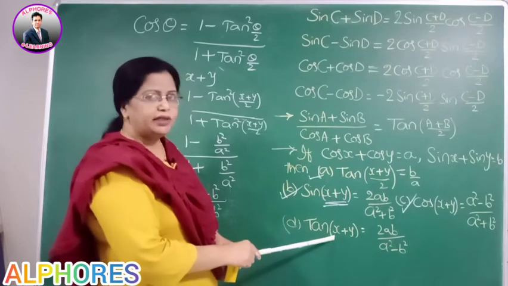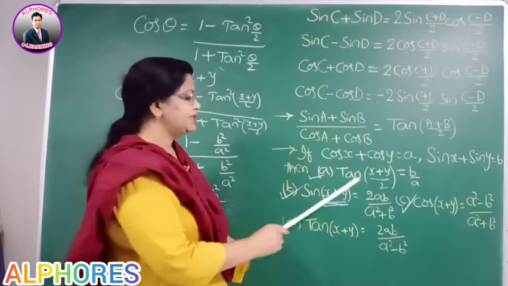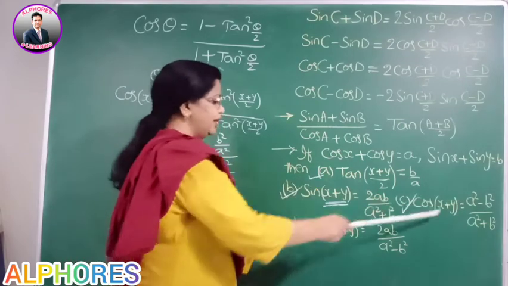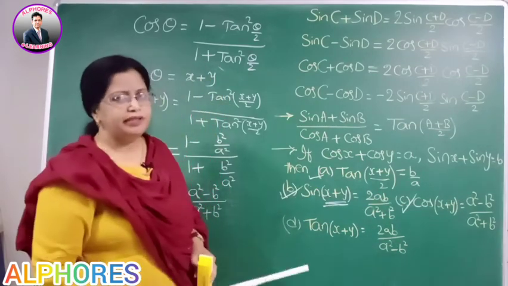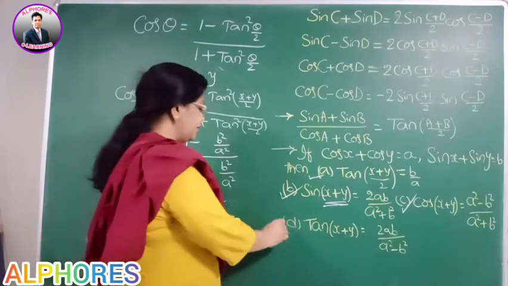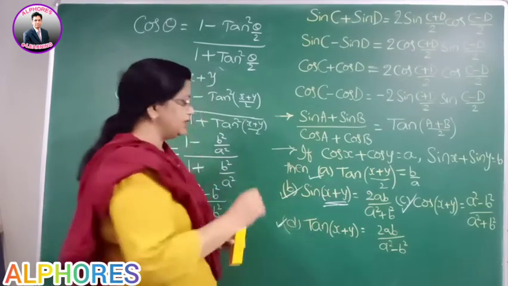Therefore, to obtain the tan value, simply divide sin by cos. Then you will get 2ab divided by a square minus b square. So in this way you can say even option D is also the right answer.